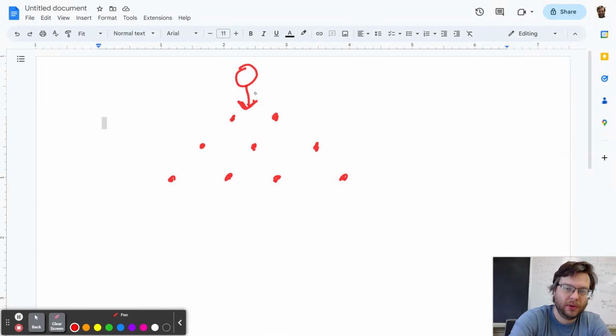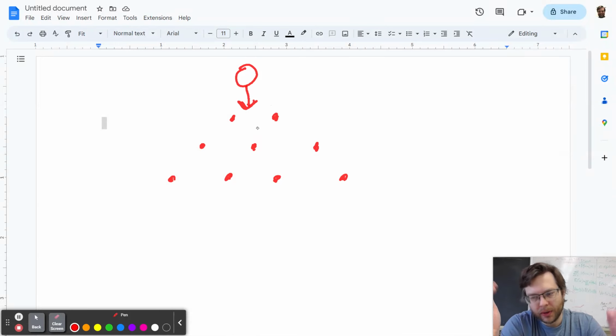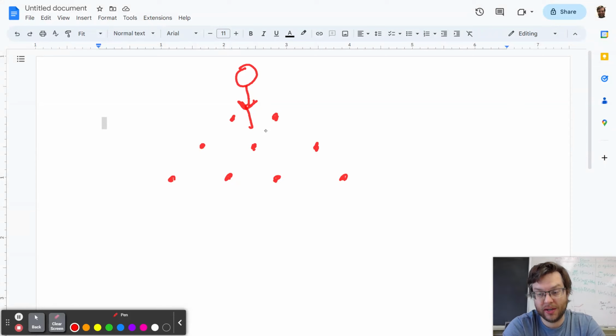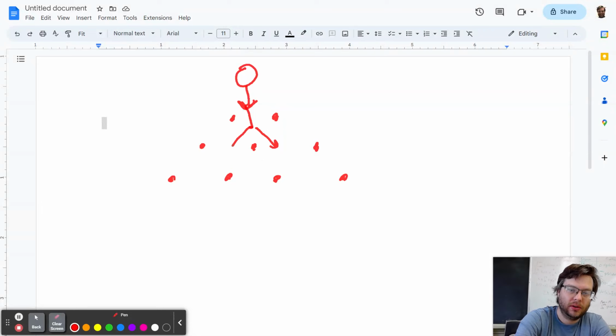On the first one, the way I built this board is that it's going to go right here. But then there's a 50-50 chance that it goes left or that it goes right from there. So it could go this way or it could go this way.